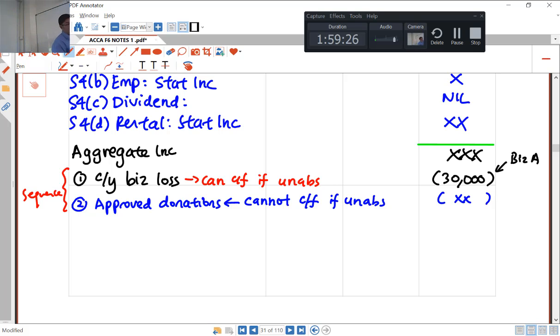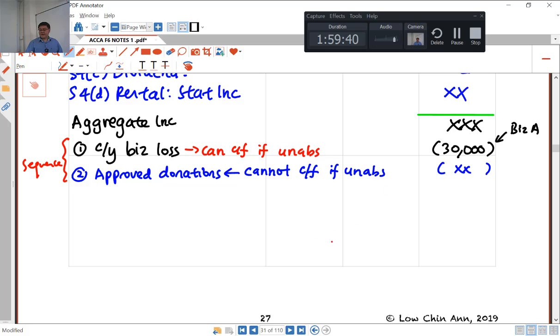Because if you reverse it, if you minus the donation first, then you minus the loss, see what will happen. I'll put a figure down for you to see. Imagine the income is 50K, and your donation is, let's say, 40,000.